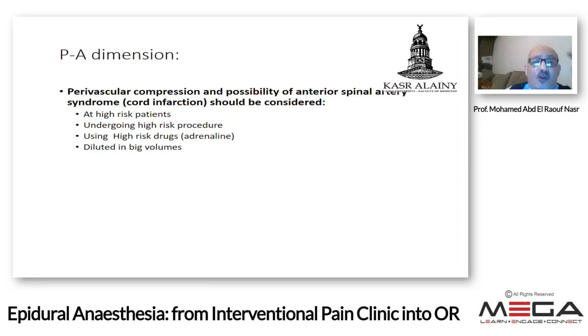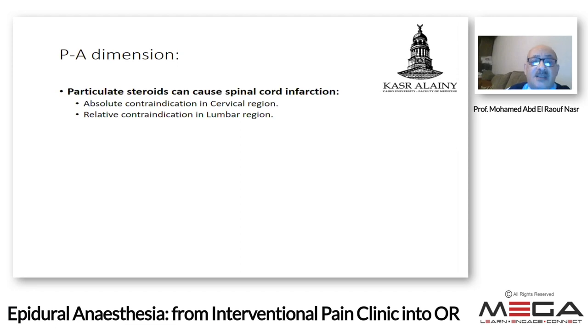We should avoid that. We consider it can occur in a high-risk patient undergoing a high-risk procedure using high-risk drugs, I mean adrenaline, which I never use in epidural drugs, and big volume if injected. So my highest recommendation is to inject smaller volumes and give incrementals.